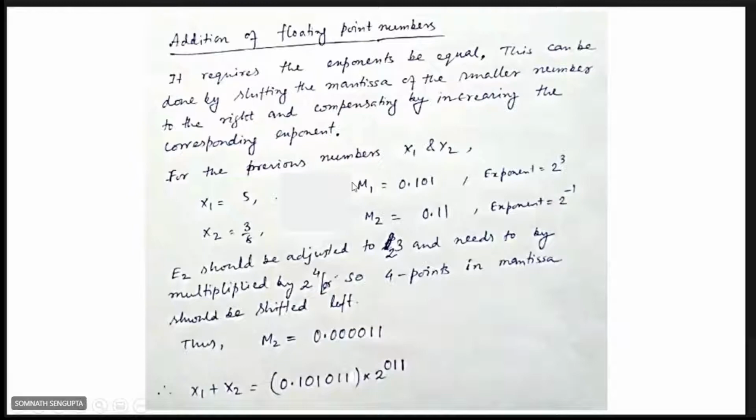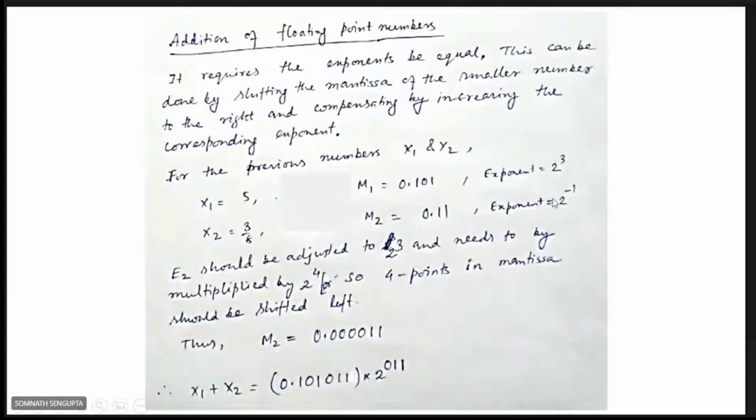So for addition of two such numbers where exponents are different, you have to make the exponent the same. So let us make it the same as one number, that is 2 to the power 3. So 2 to the power minus 1 should be converted to 2 to the power 3 by multiplying it by 2 to the power 4.